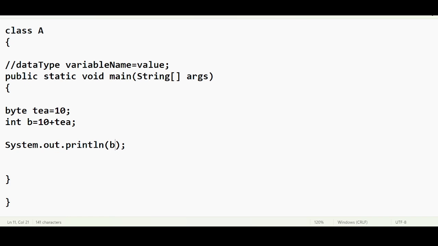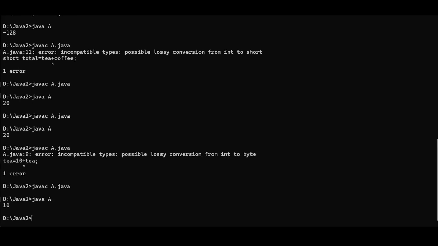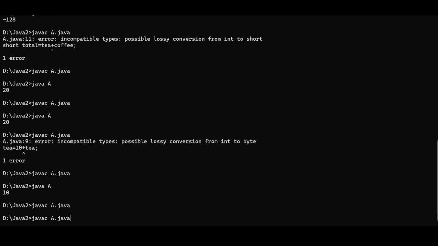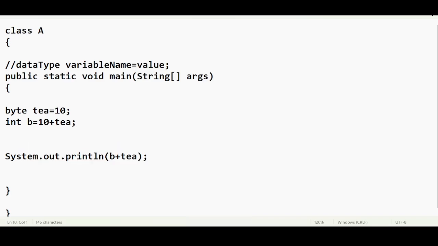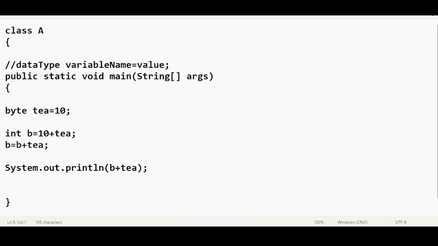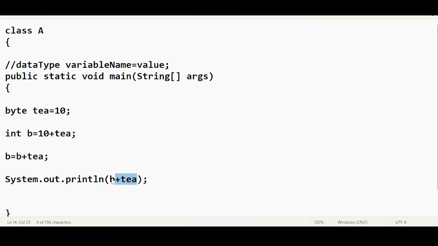If I access b plus p, 30. Right? Now if I do like this, b equal to b plus p, think and tell me. Everyone. Okay, let me access b.